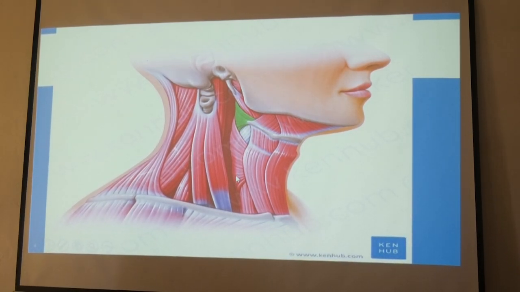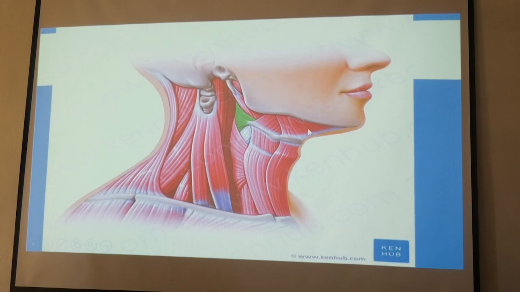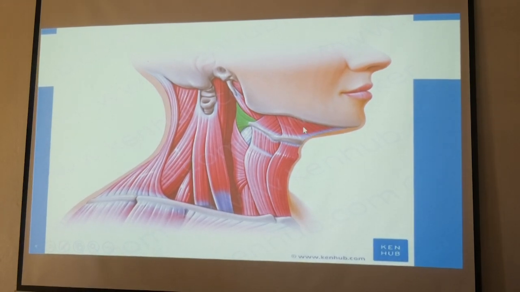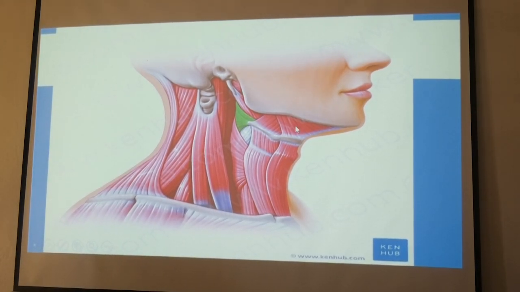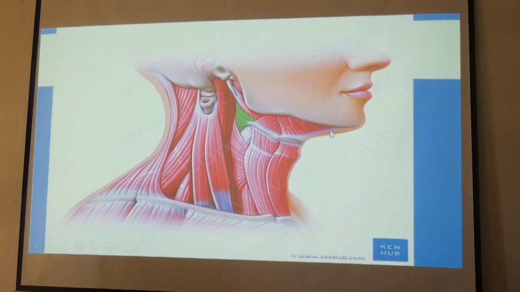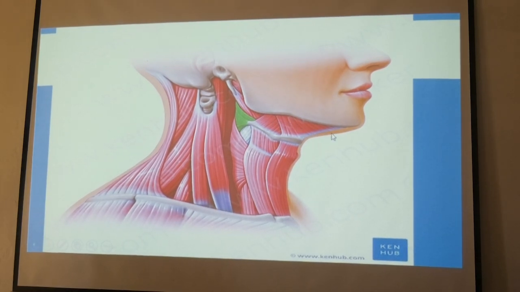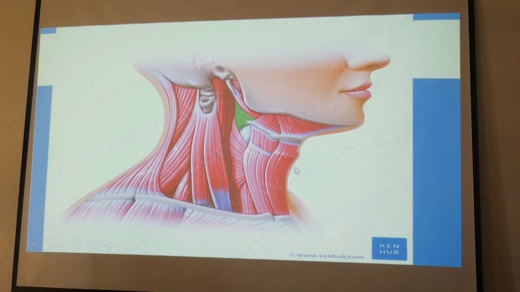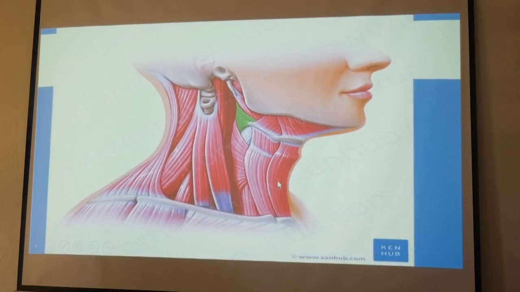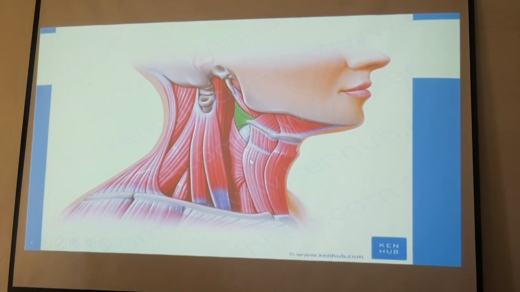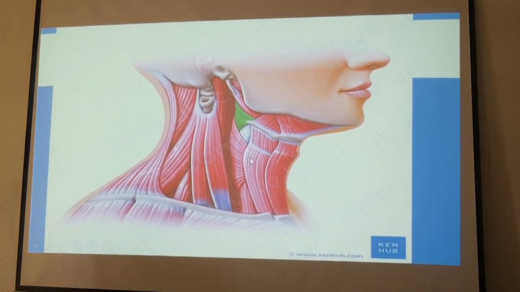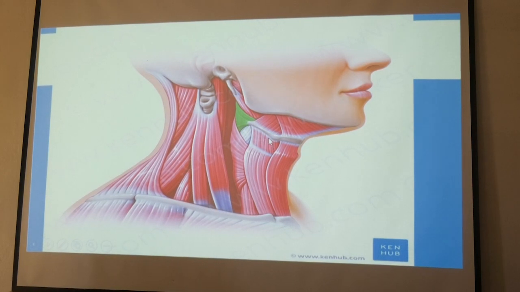So which one is the middle constrictor here? What is this muscle? Yeah, this is the mylohyoid. Okay, just now you have seen the sternohyoid, right? What is this? This is the sternohyoid. This is the mylohyoid. Okay, what is this?